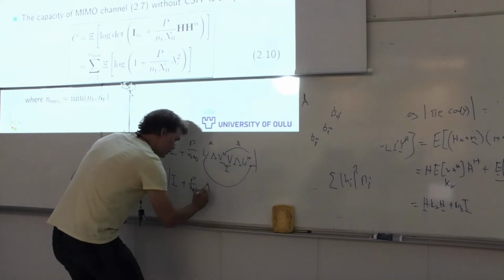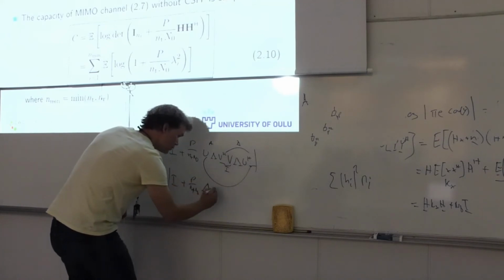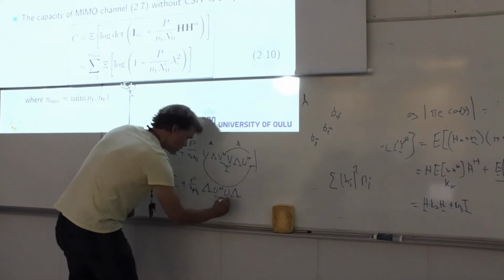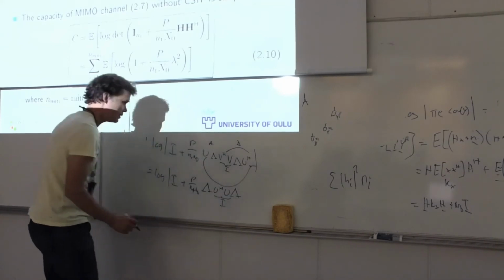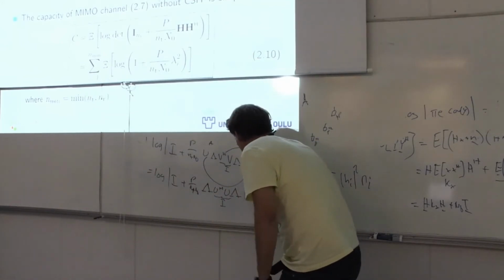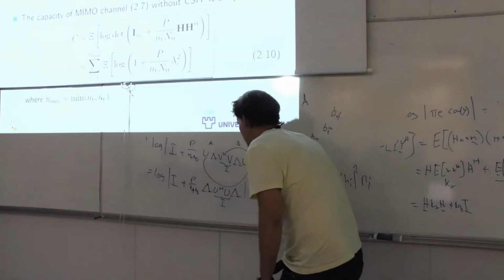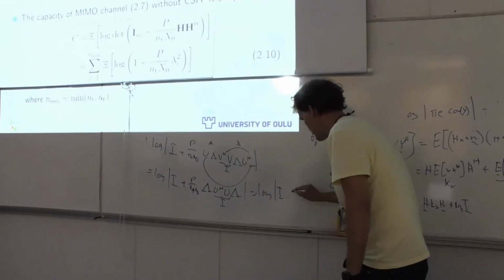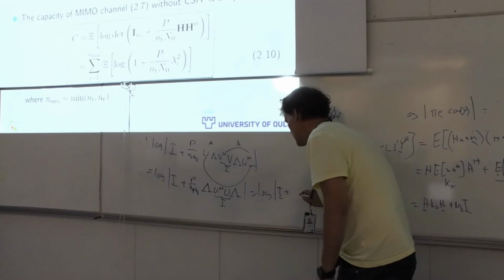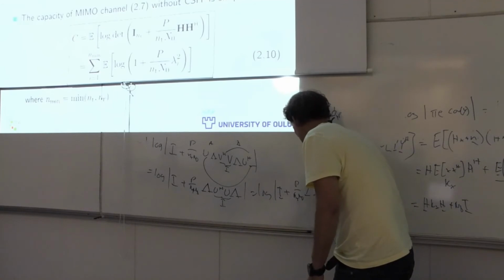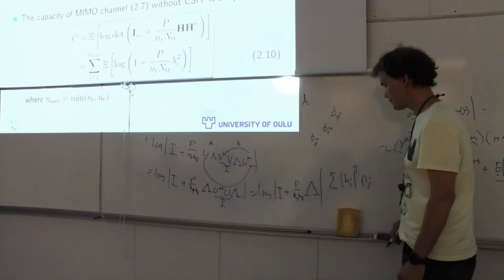Okay, so lambda U Hermitian U lambda gives identity, and we have the determinant of a diagonal matrix again, I plus P over NT N0 lambda.